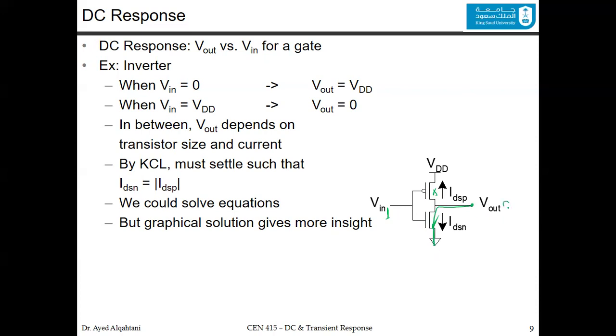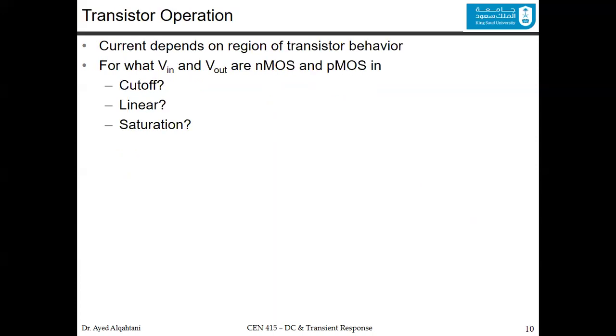So the output is going to be 0, and you have a current running through the NMOS that is the IDSN. So we know the transistor operations. This current, whether it's IDSP or the IDSN, depends on the region of the transistor behavior.